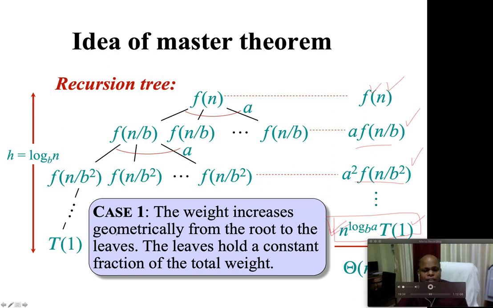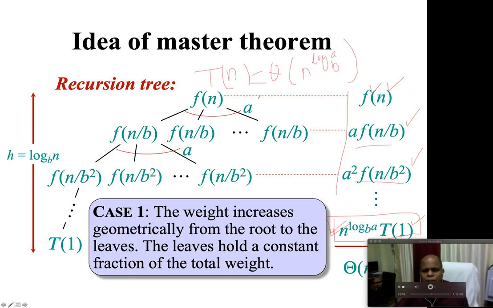Hence, the weight increases geometrically from the root to the leaf nodes. The leaf nodes hold a constant fraction of the total weight. Hence, T(n) will be theta of the leaf node value, that is n to the power log a base b.